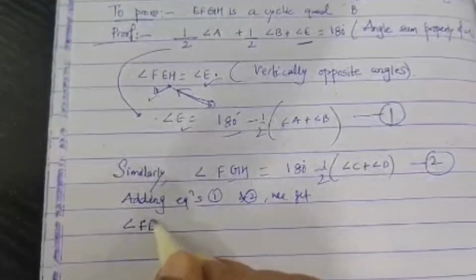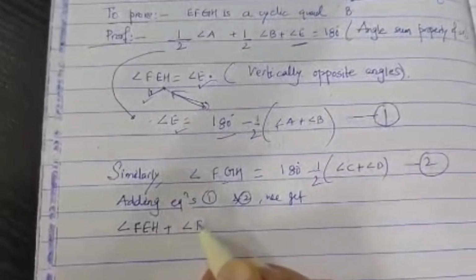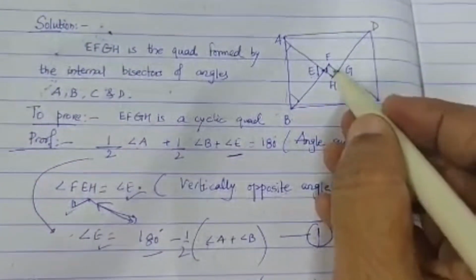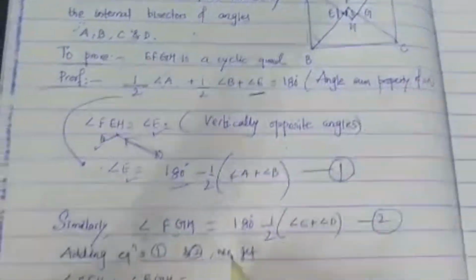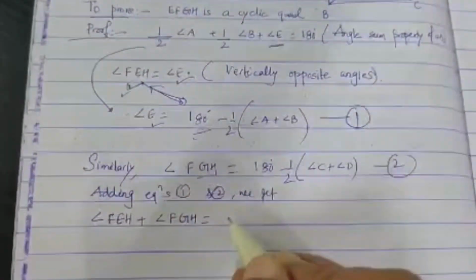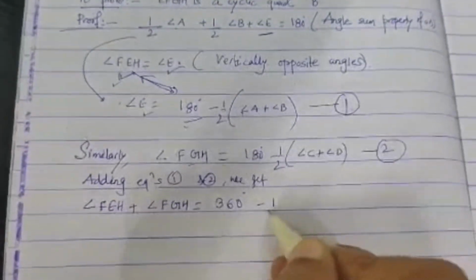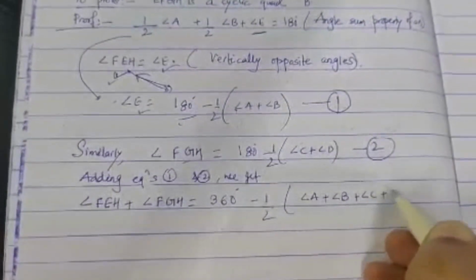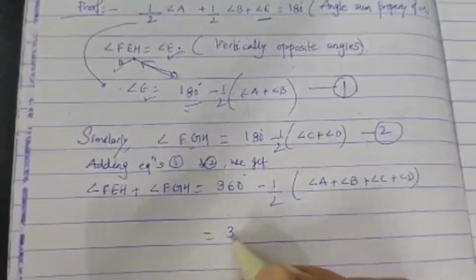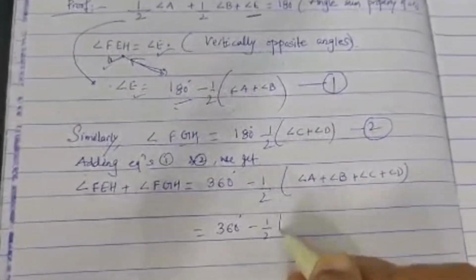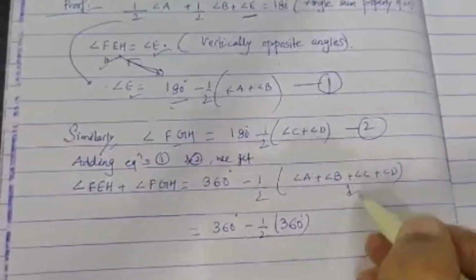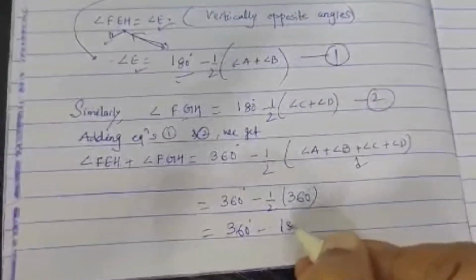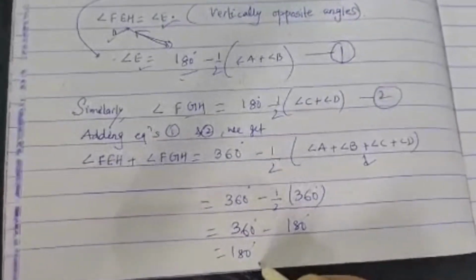Angle FEH plus angle FGH, means this angle plus this angle, is equal to 180 plus 180 means 360 minus, let us take half common, angle A plus angle B plus angle C plus angle D. Now it's proved. 360 minus half of 360. This is the angle sum property of a quadrilateral. Okay, so 360 minus 180, that is equal to 180 degree.